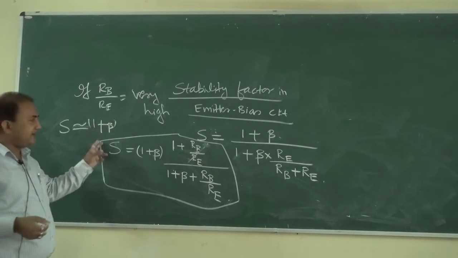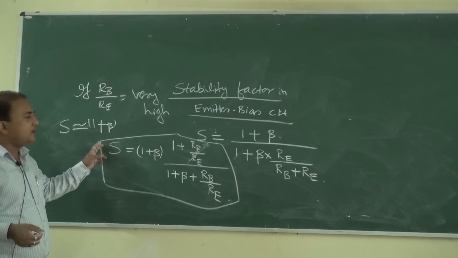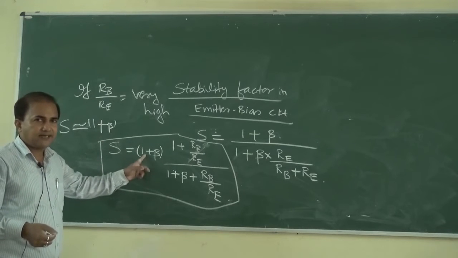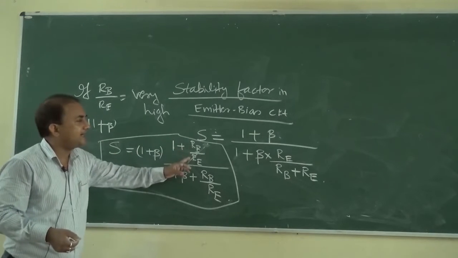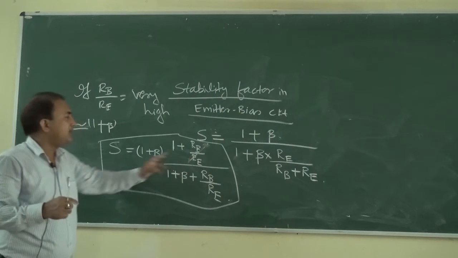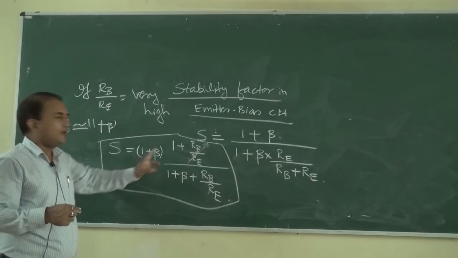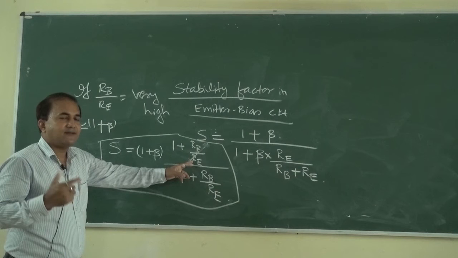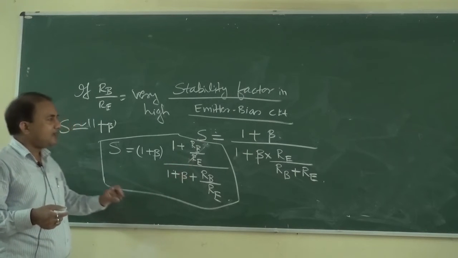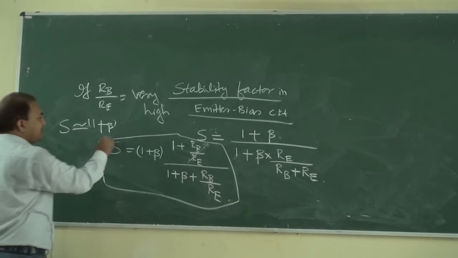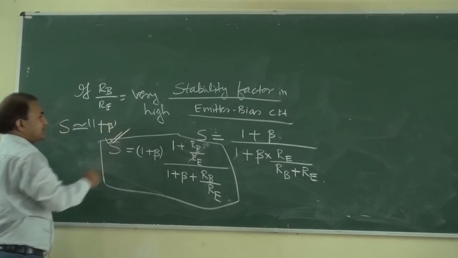So the stability factor varies from 1 to 1 plus beta: 1 when RB by RE is very small, and 1 plus beta if RB by RE is very high. Okay, so in this way we can determine the stability factor.